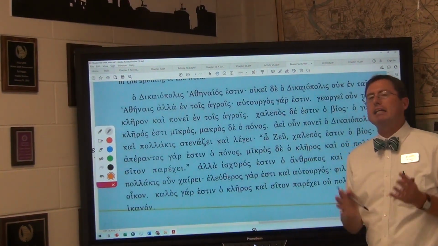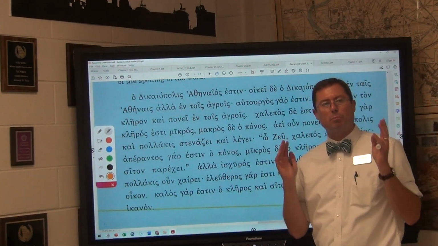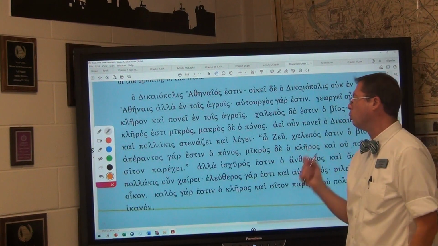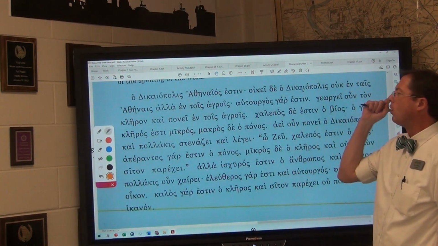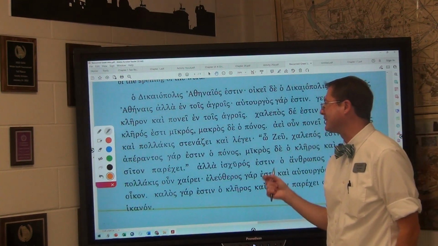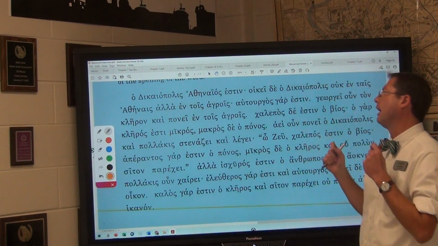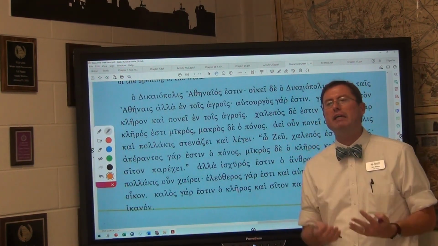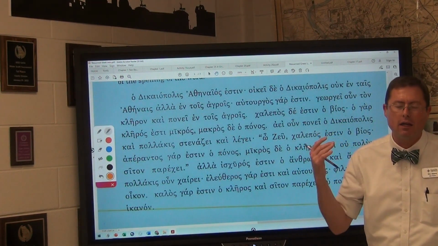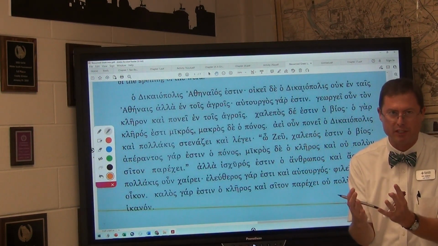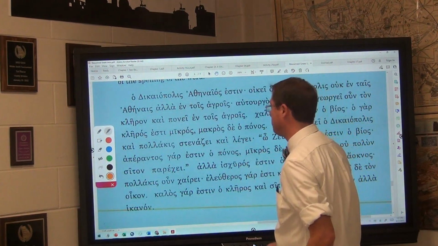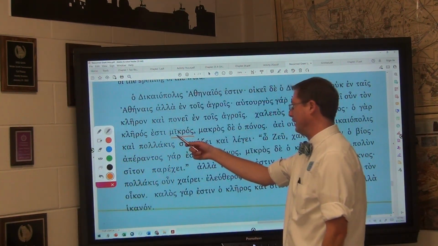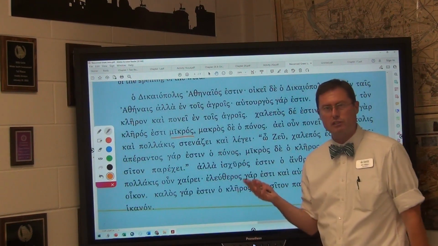The grave accent is only going to appear when the acute would occur on the ultimate syllable and another word occurs without there being intervening punctuation. By that I mean, if we take a look at the word that is right there, and let's do say it everybody, mikros. Mikros.